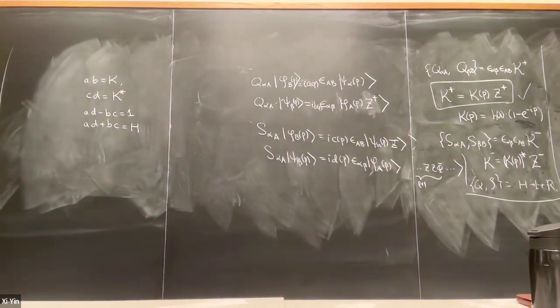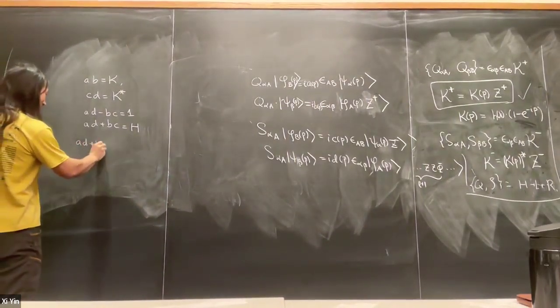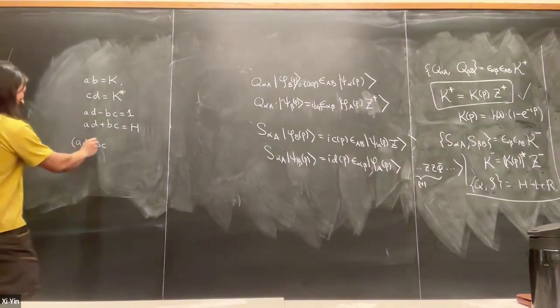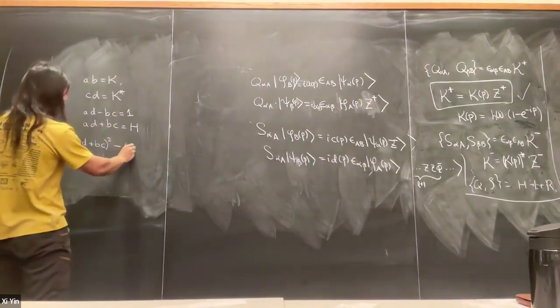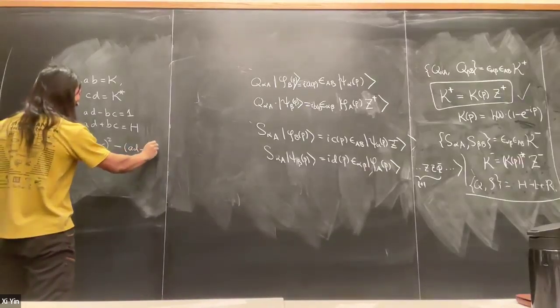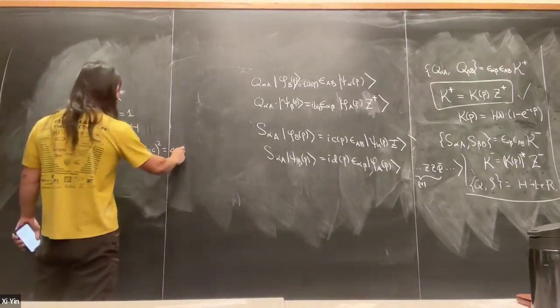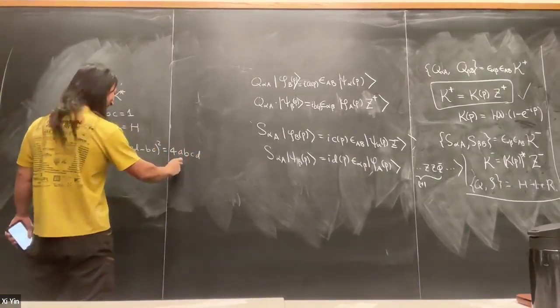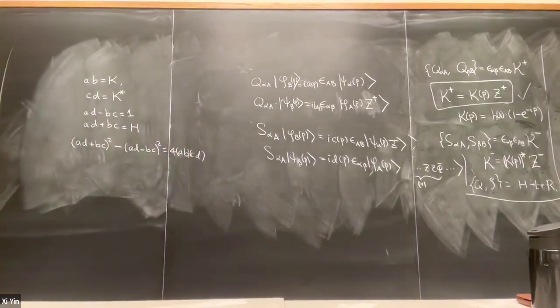So now we can use the familiar formula from your high school, right? So let's say AD plus BC squared minus AD minus BC squared equals 4 ABCD. Right.